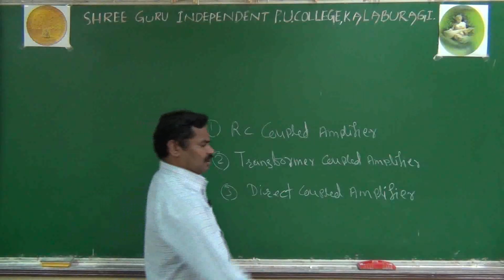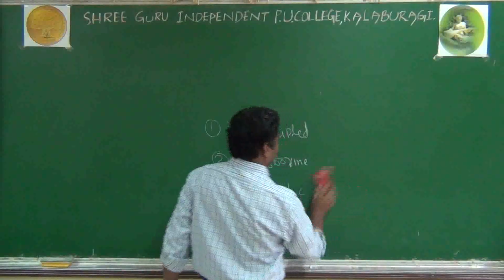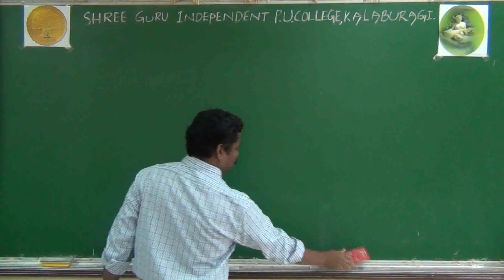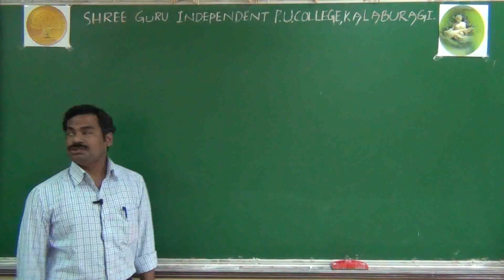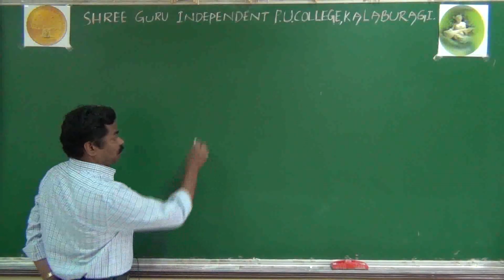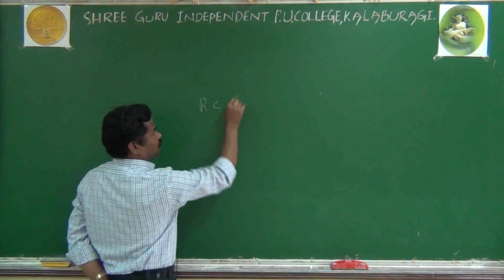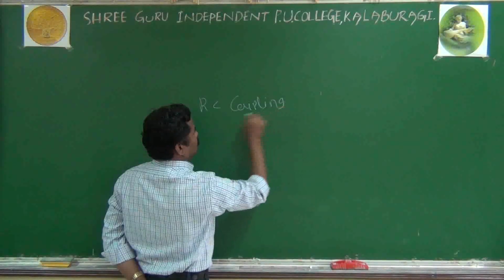You can draw the block diagram, then you can understand more easily. First you go for the RC coupled. You take the three stage amplification. First you go for the RC coupling.